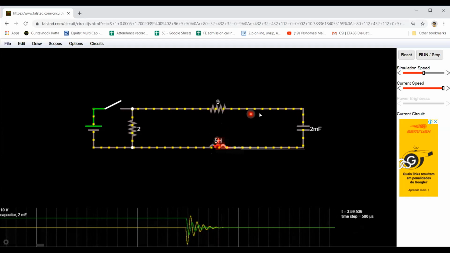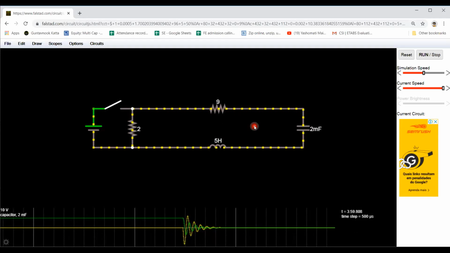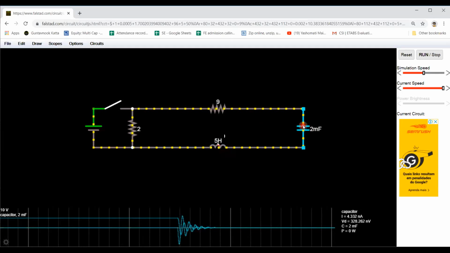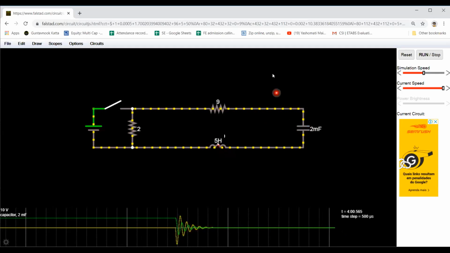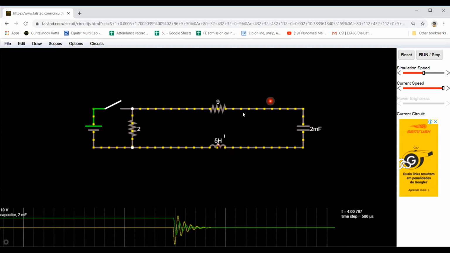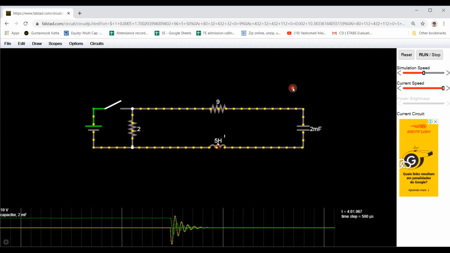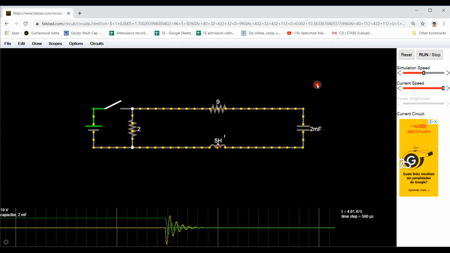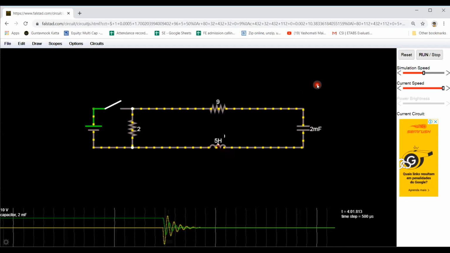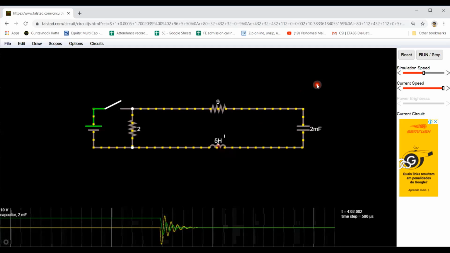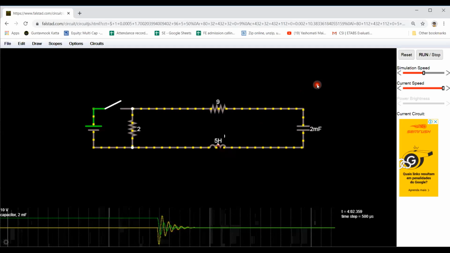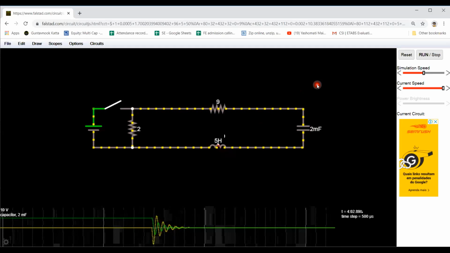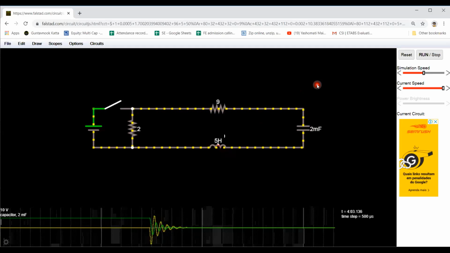Now 1 over LC. If we keep the L value as it is, 5 Henry, and let us say the C value is unknown, then 1 over L into C, that is 5 Henry into C, we'll put equal to 0.81, which is equal to (R/2L) whole square. So we have assumed that (R/2L) whole square is equal to 1 over LC, which is the condition of critically damped.